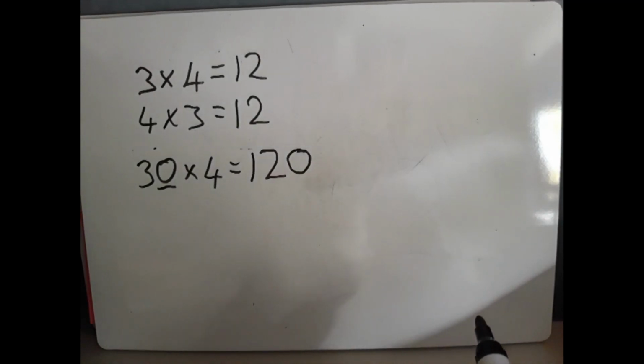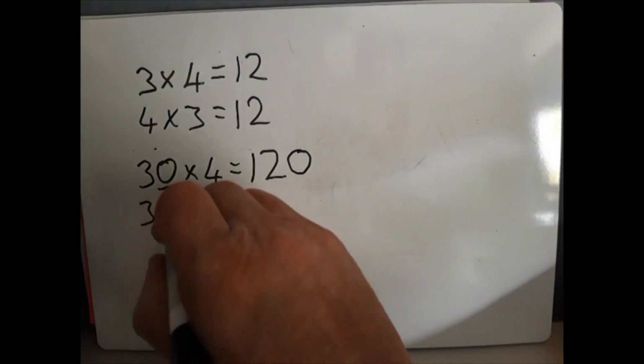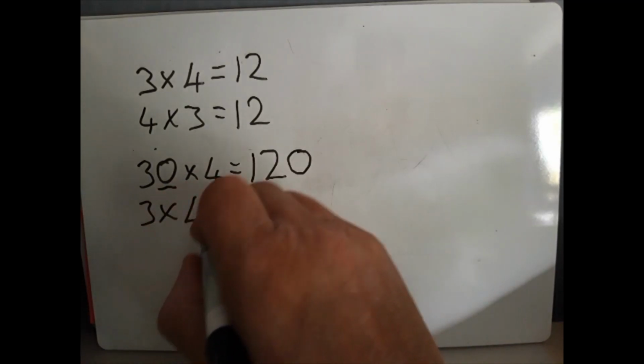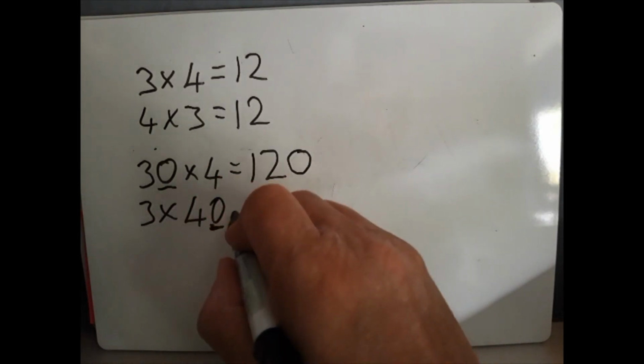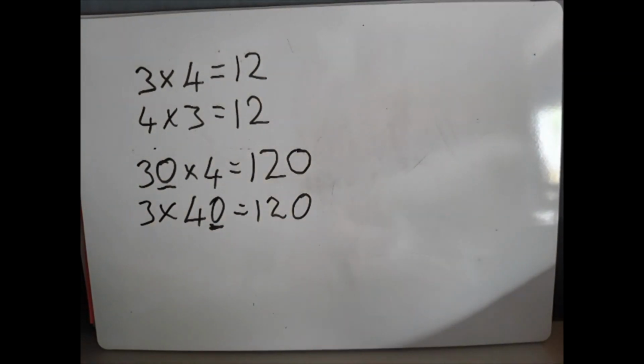So we know that 30 times 4 equals 120. Another thing that we could do is 3 times 40, 10 times bigger, equals 120. And we have done lots of work similar to that.